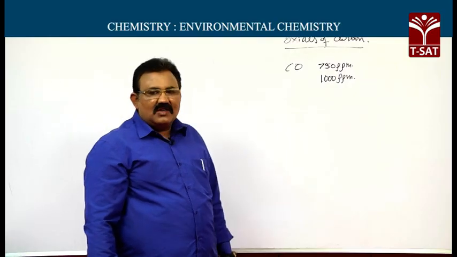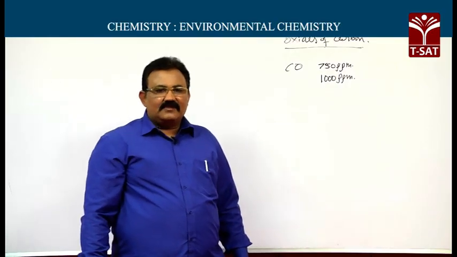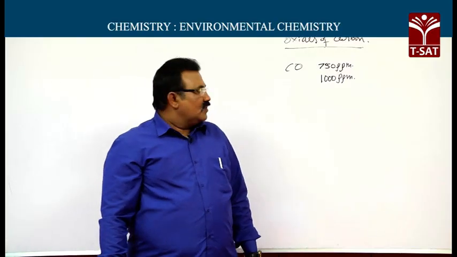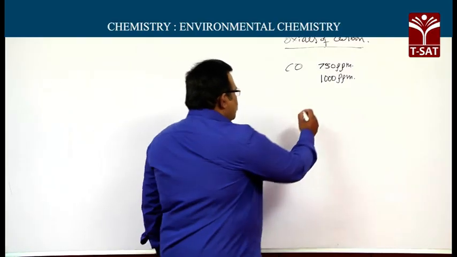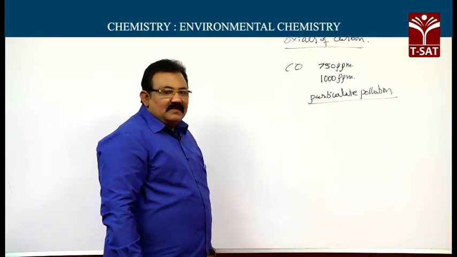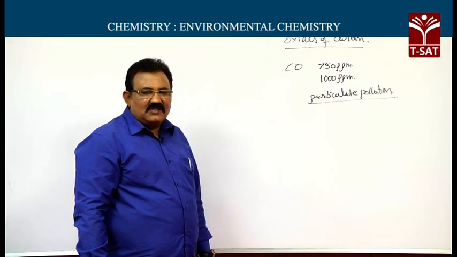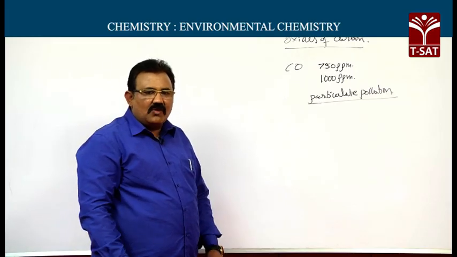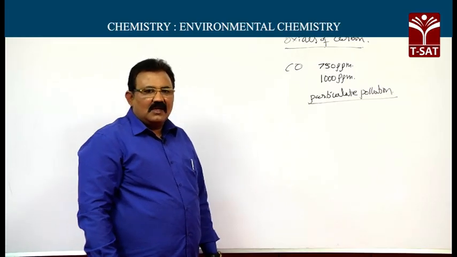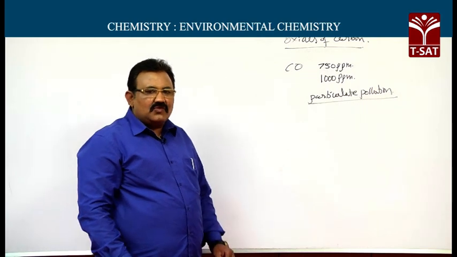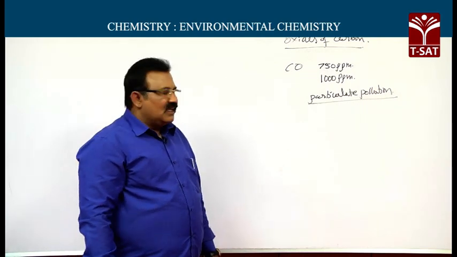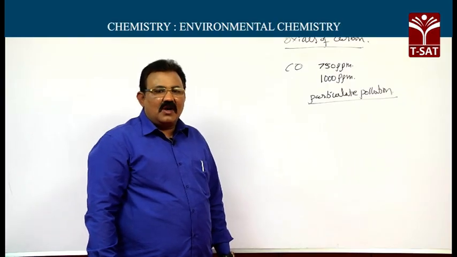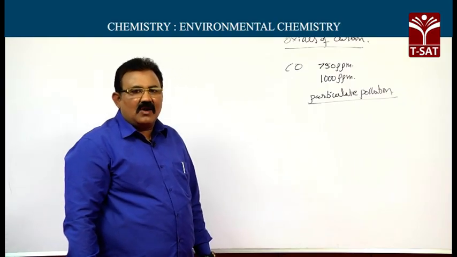Let us have a look at the particulate pollutants. The environment consists of a lot of dust particles, smoke, fog and other carbon soot particles. All these create photochemical smog and also classical smog.